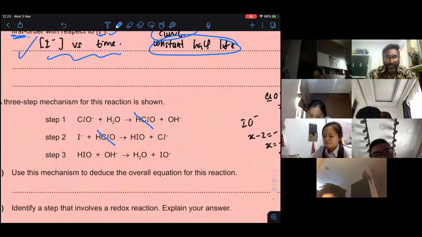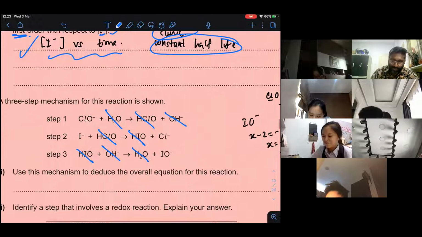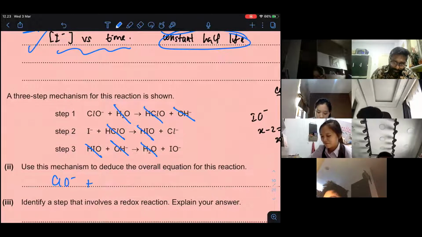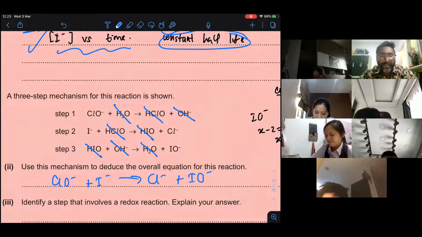And then you can see water, left and right, they will cancel. HIO, they will cancel over here. OH minus, they will cancel over there. So leaving this behind, ClO minus plus I minus to give you Cl minus plus IO minus. Very easy. This is using the mechanism.